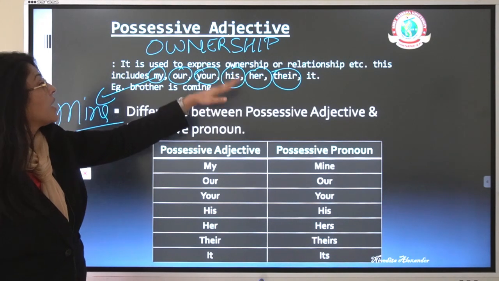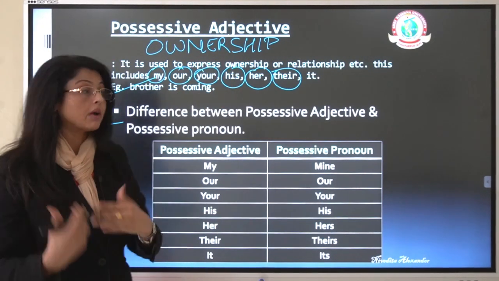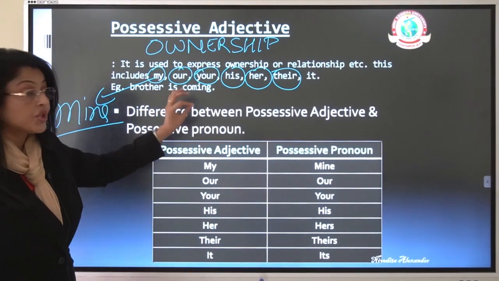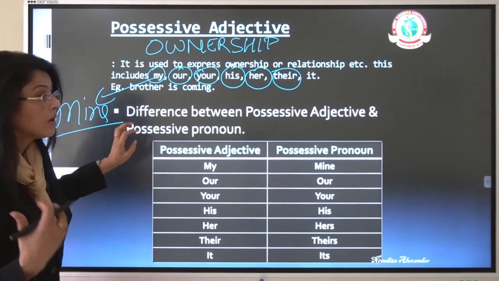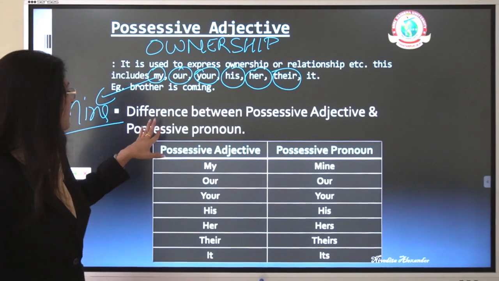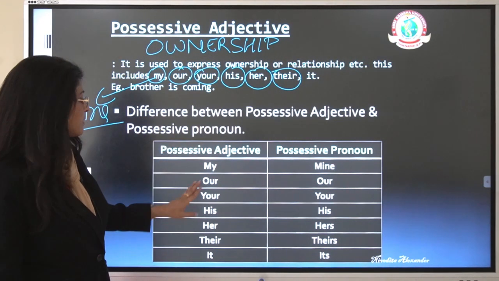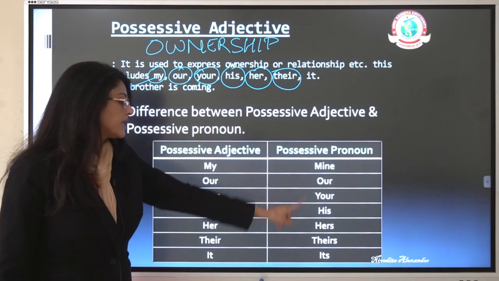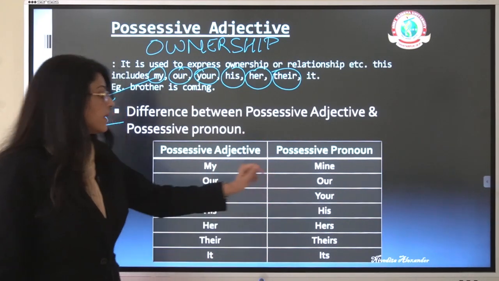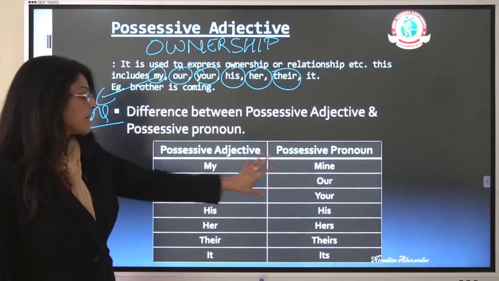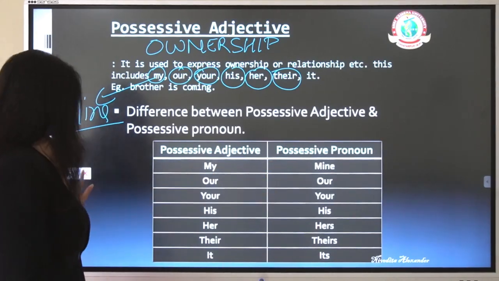That's how you convert the adjectives into the pronouns. Same words, just showing the ownership and whom it belongs to. I have already explained the same thing here, which is given in the table. Clear? So this is how the adjective can be converted into pronouns.